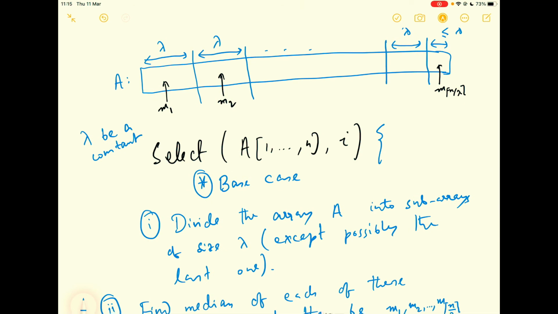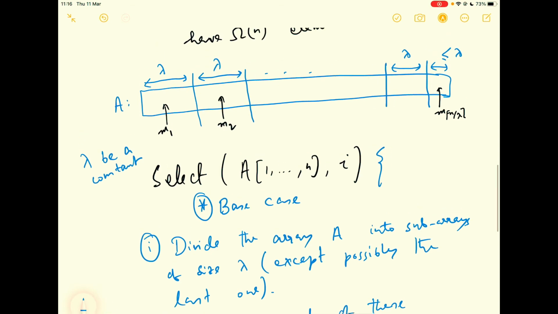What is the process? You simply divide the array A into chunks of size lambda, and there are ceiling of n by lambda many such chunks. The last chunk may be of size less than or equal to lambda. Lambda is some constant, so finding median from constantly many elements takes constant time.